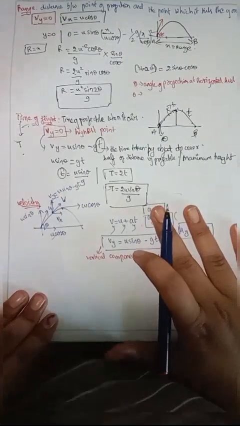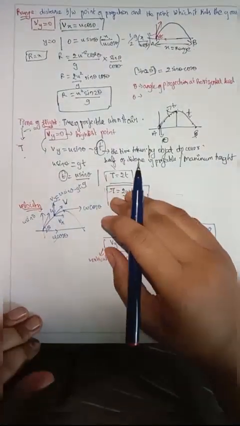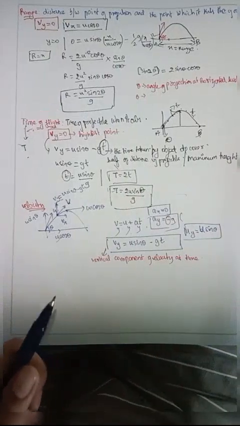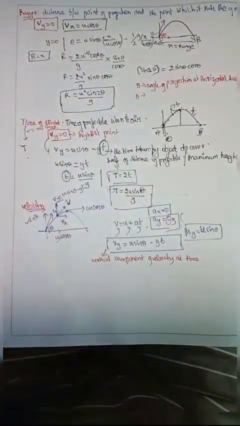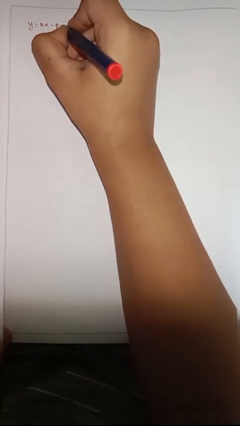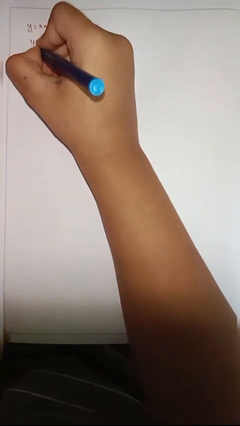Then we are going to see some more concepts in projectile. I told you before about the equation y equal to ax minus bx square. I know this is clear to you.